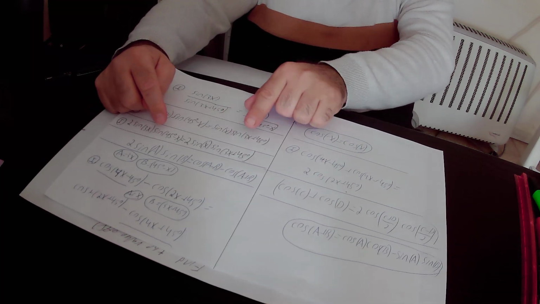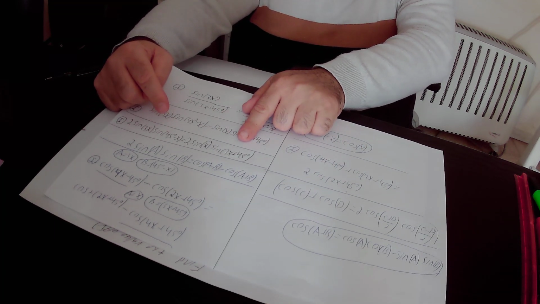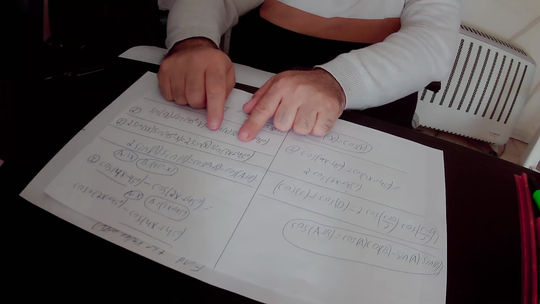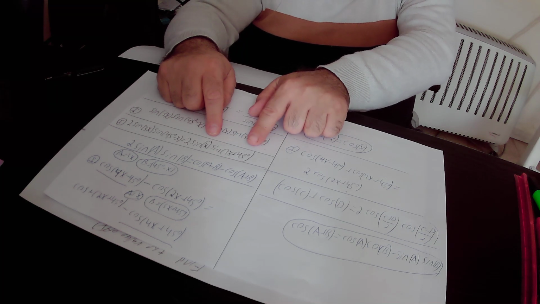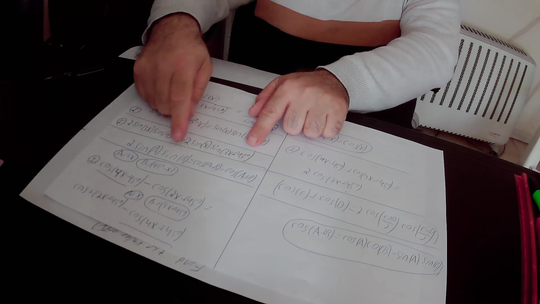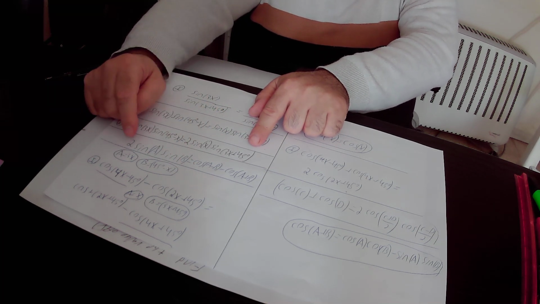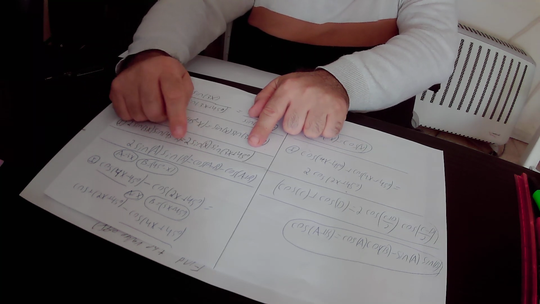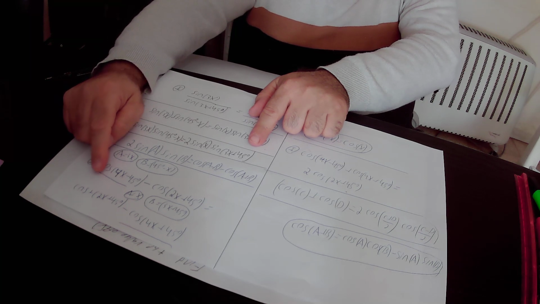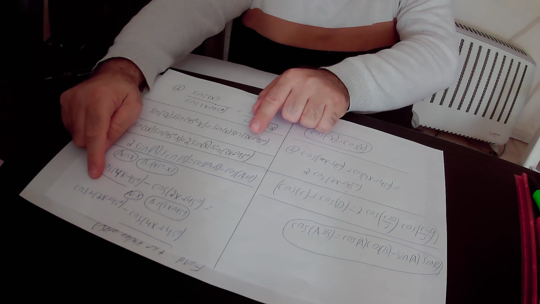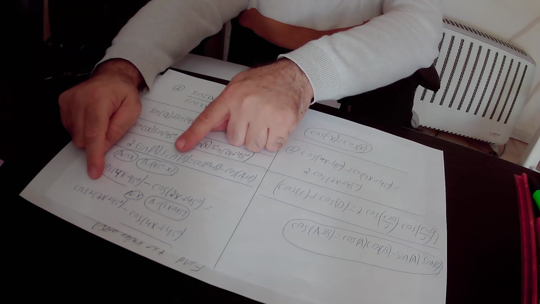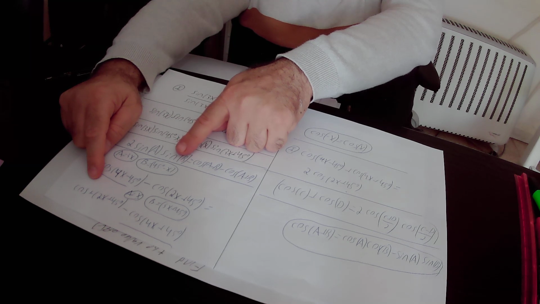Then we treated this expression. Here a equals x and b equals 3x plus 45 degrees. So 2 sine a sine b equals cosine a minus b. Here cosine a minus b is actually cosine 3x minus 45 degrees minus x.